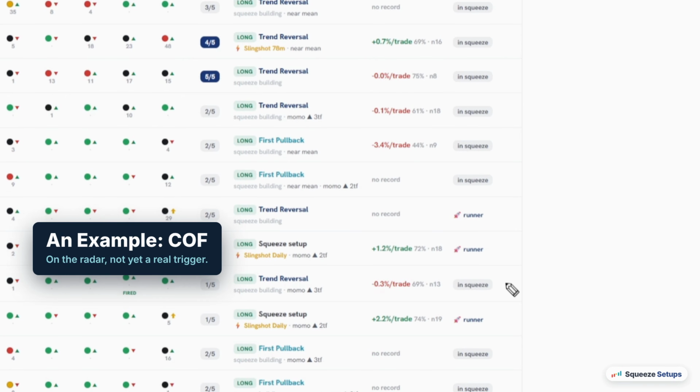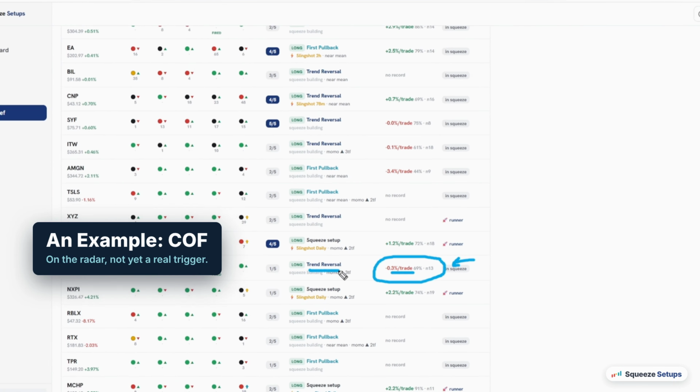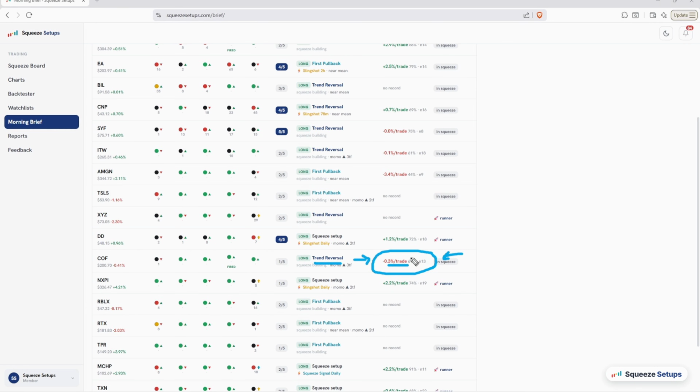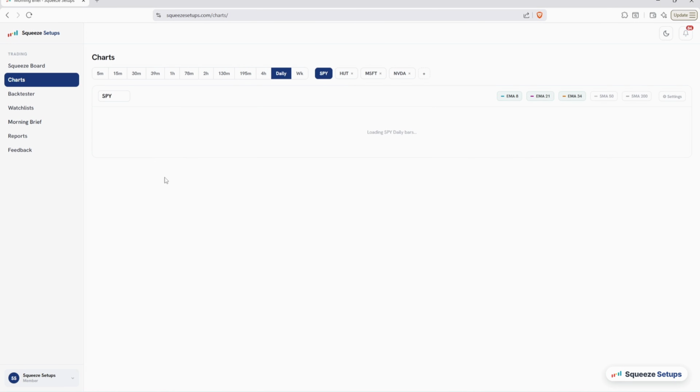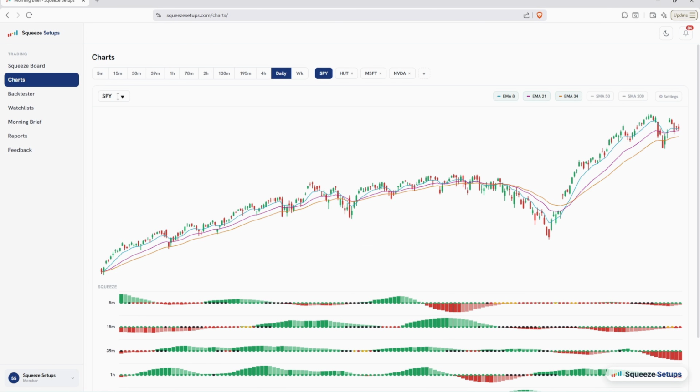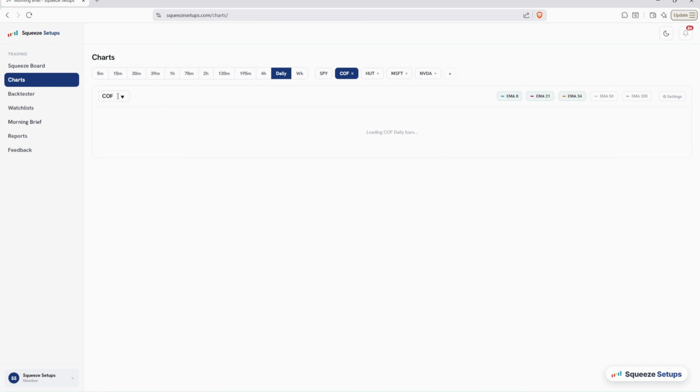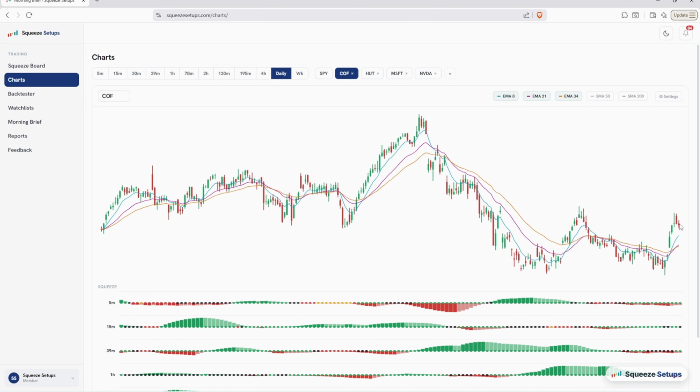Now, speaking of Capital One Financial, right away we can see this negative 0.3% per trade, which tells us that, okay, we have this recent trend reversal. We know that with the slingshot squeeze or the squeeze signals, we don't tend to see any kind of pullback. Let's come into the chart, let's load in Capital One Financial, and let's take a look at what the charts look like here to see is there any kind of setup. Okay, sure, it does look like we did have a recent trend reversal.